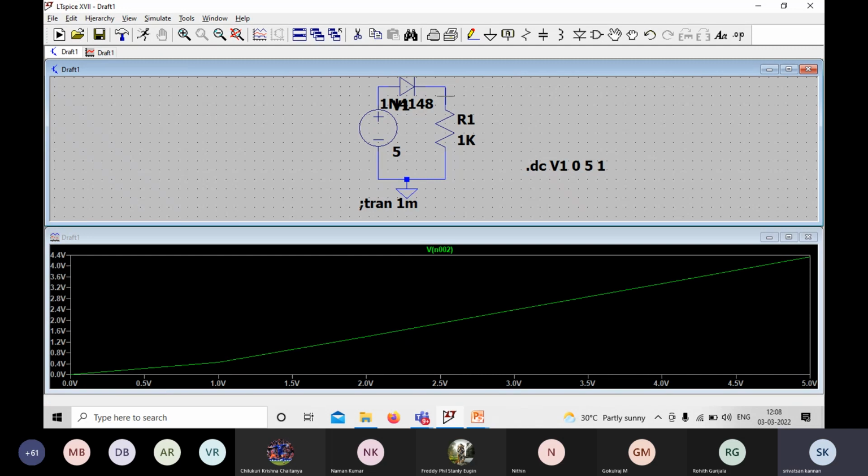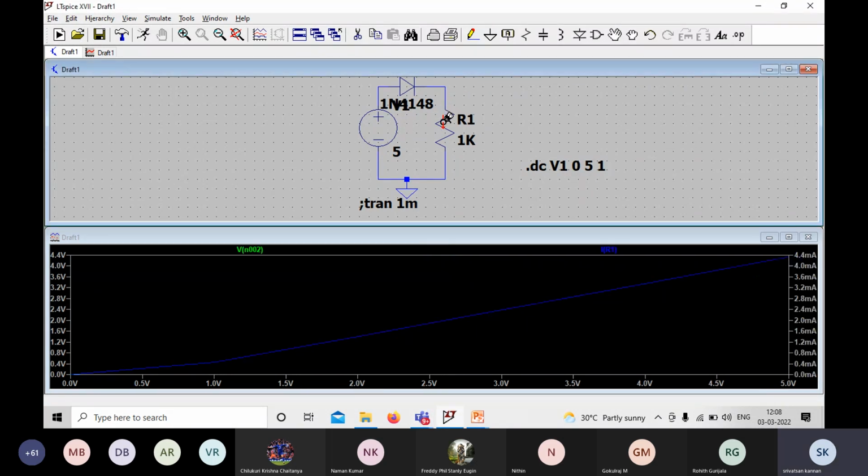Now are you able to see the output? The y-axis is current. Are you able to see the graph? After 0.7 you can see the sharp rise in the current. Yes, sir.